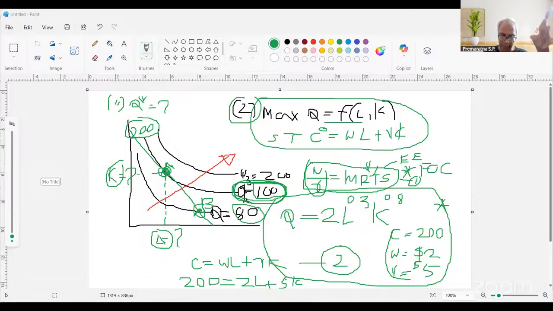So there, let's say we start with minimization. Before that, I forgot one thing. The given price ratio equals the marginal rate of technical substitution as the first equation.